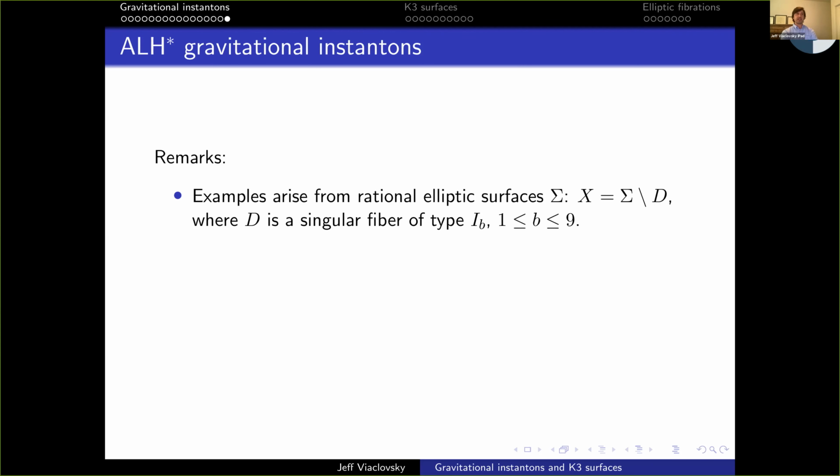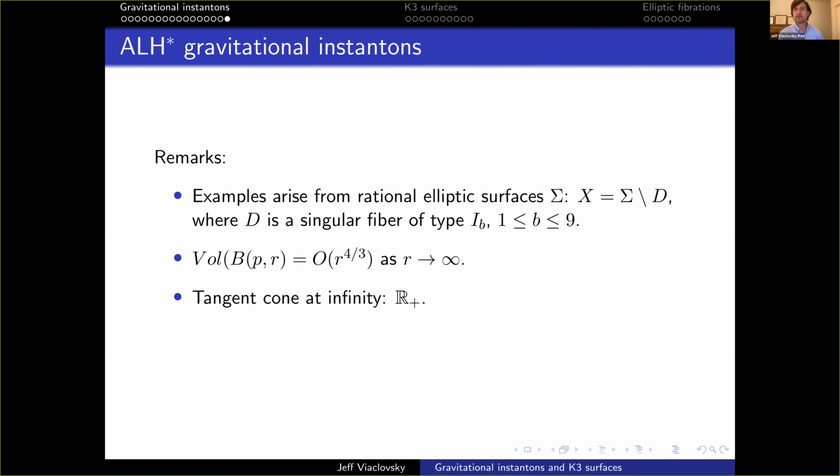Examples of these arise, again, from the complement of some singular fiber in a rational elliptic surface. This is when the fiber is type I_B, and B is between 1 and 9. So 9 is the maximal type of I_B fiber you can have on a rational elliptic surface. The volume growth, interesting, is non-integral: it's O of R to the 4/3.